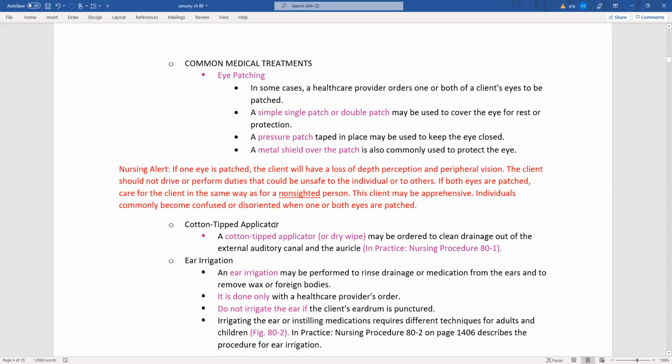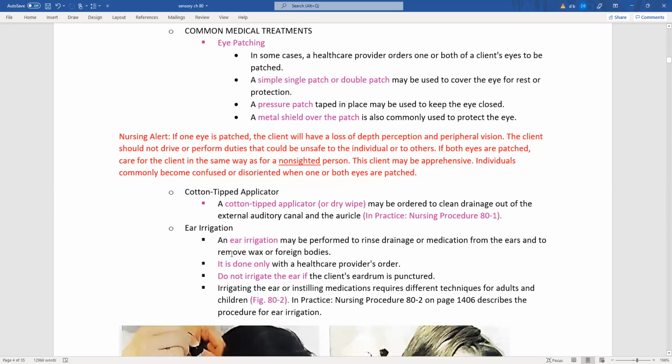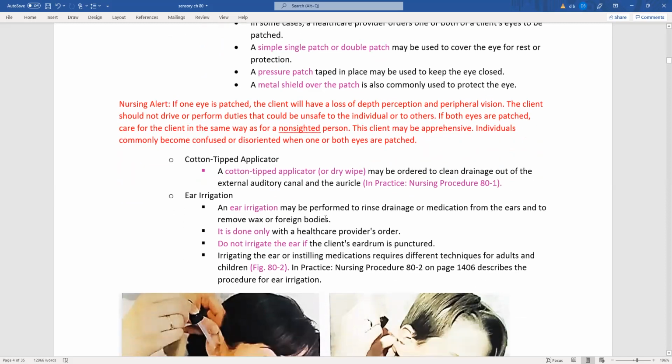Cotton tip applicator, also known as a dry wipe, may be ordered to clean drainage out of the external auditory canal and the auricle. So now we're talking about the ears. Ear irrigation may be performed to rinse drainage or medication from the ears and to remove wax or foreign bodies.